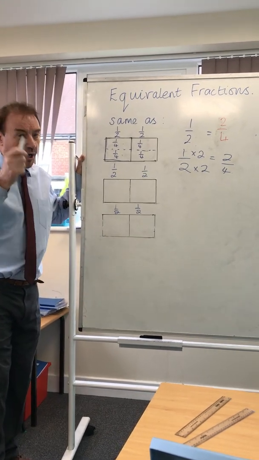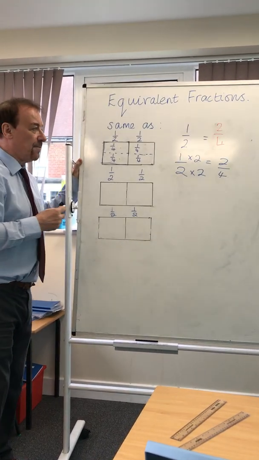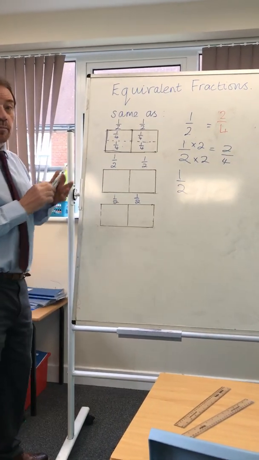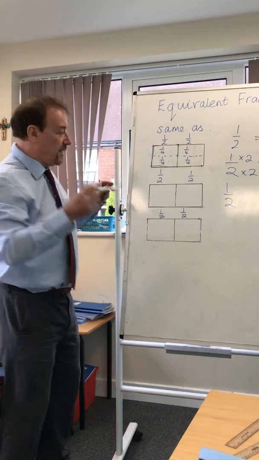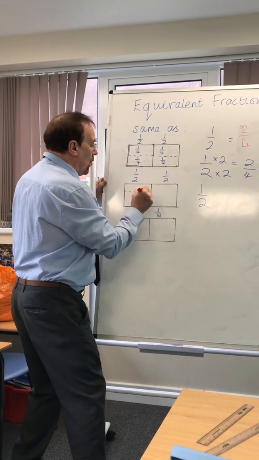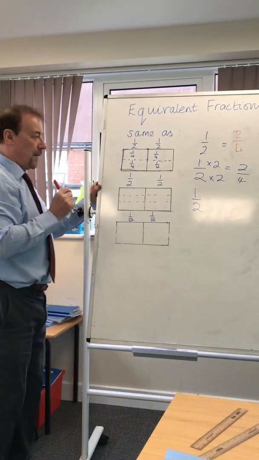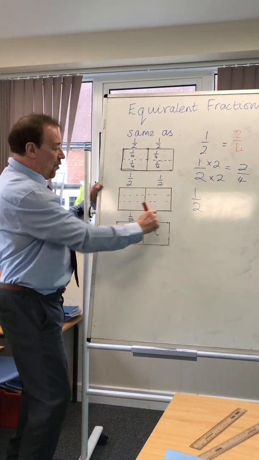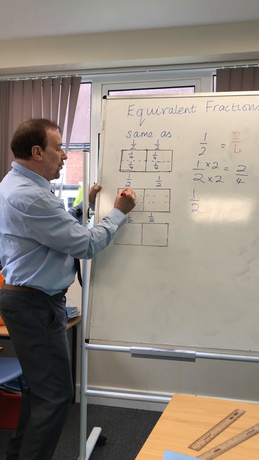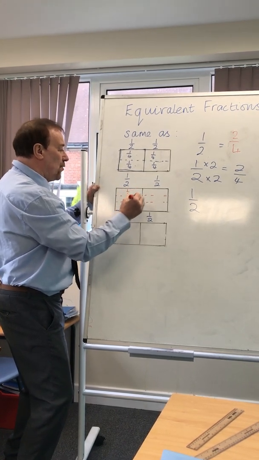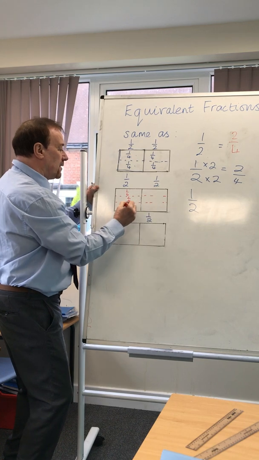Now, we're going to recap. We're going to do it again. This time, 1/2, I'm going to split it into 3 ways. 1, 2, 3. And as we can see now, the whole is now worth how many? 6. 1, 2, 3, 4, 5, 6.